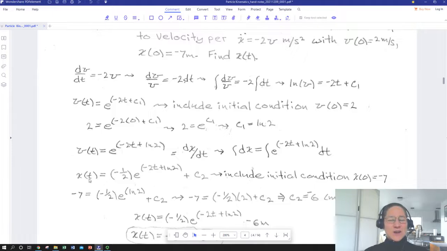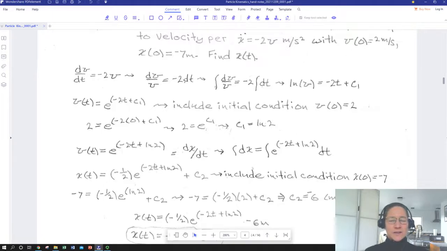So I end up with position x at any time being the integral of this expression. And here's the integrated expression. And of course we kick out another constant of integration. There are no limits on our integral, so we're just going to have constants of integration. We're told that x is -7 when t is 0.